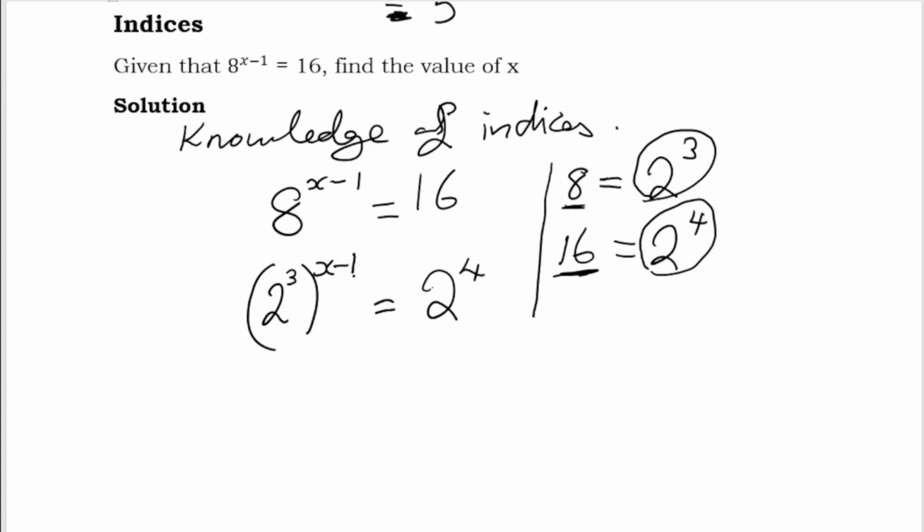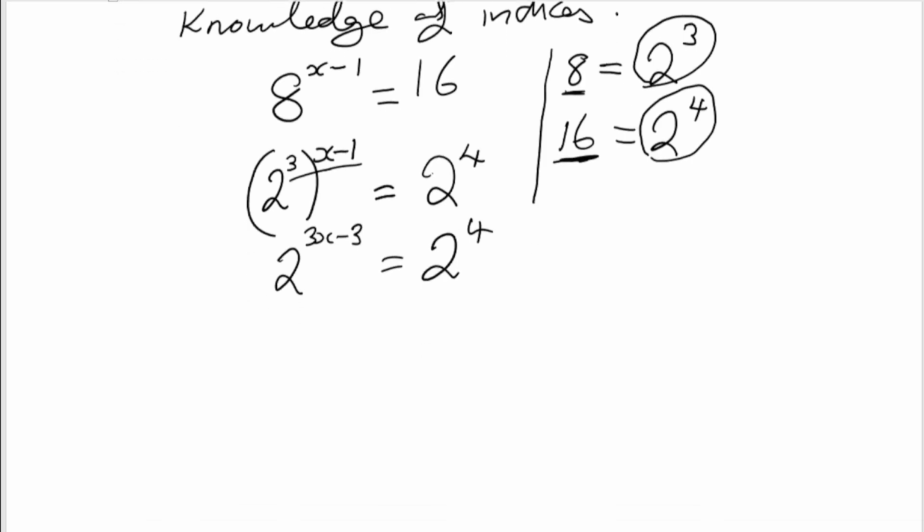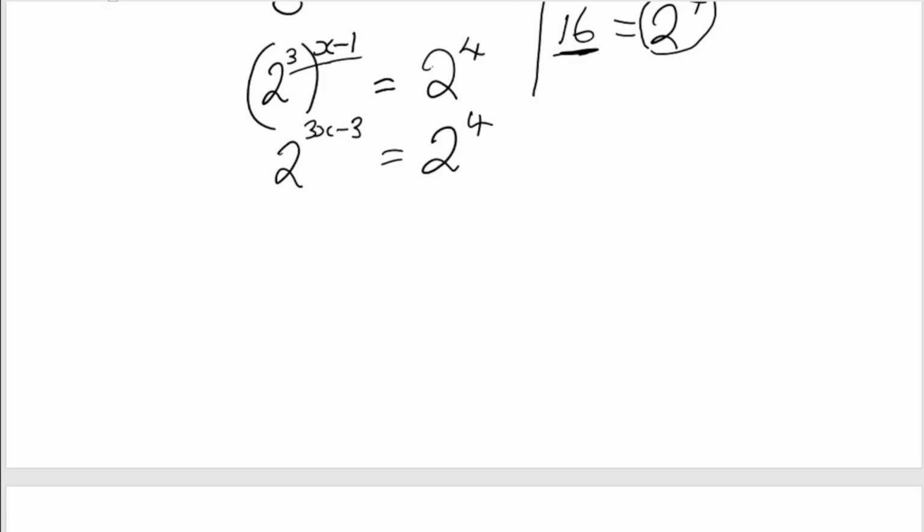Now, when you have such a situation, it means you're multiplying the powers. So we have 2 to the power 3 times x minus 1, which is 3x minus 3, equal to 2 to the power 4. We know from indices that when you have the same base, you simply equate the powers. So we have 3x minus 3 is equal to 4.